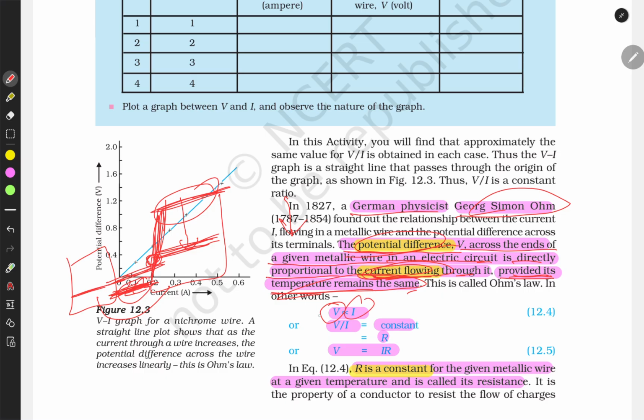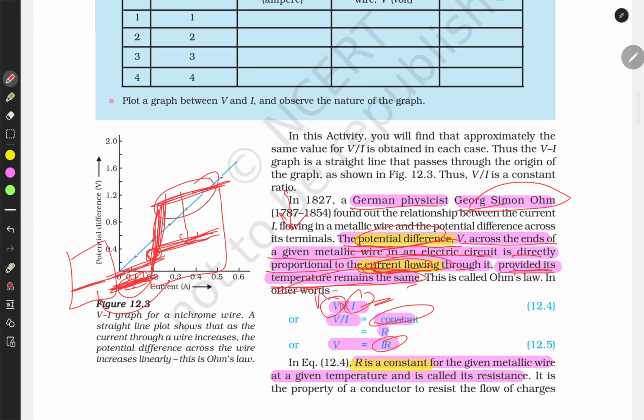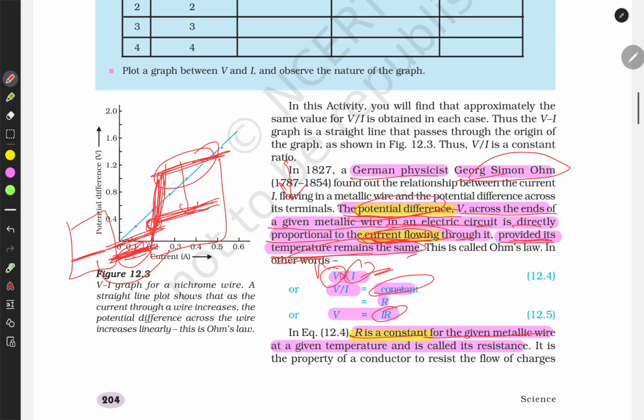So the potential difference is directly proportional to I, and when the proportionality sign is removed, a constant appears, and this constant is resistance. R is a constant for a given metallic wire at a given temperature, such as iron, copper, silver.